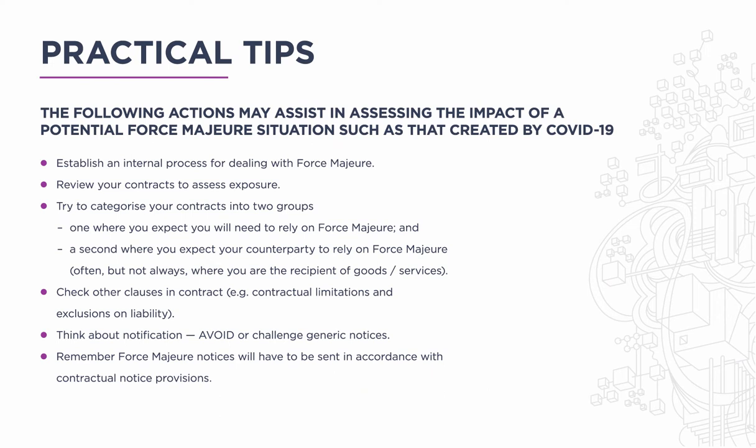And so, for example, where you are the recipient of goods or services. Then the key is reviewing the contracts carefully to identify which ones contain force majeure clauses, what impact those clauses may have, and what formal procedural steps are required to engage the clause.